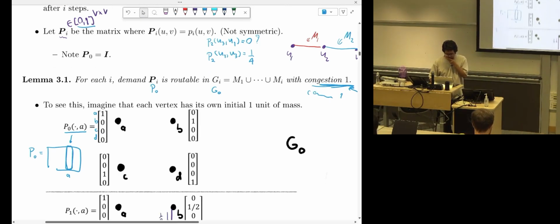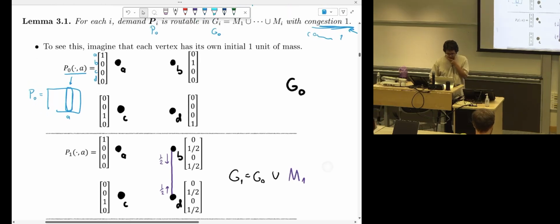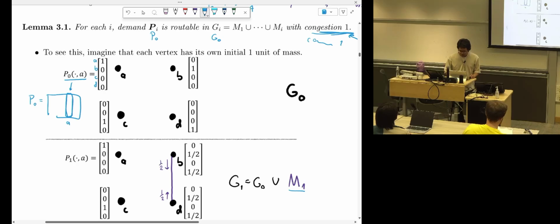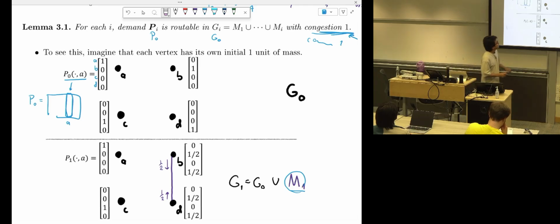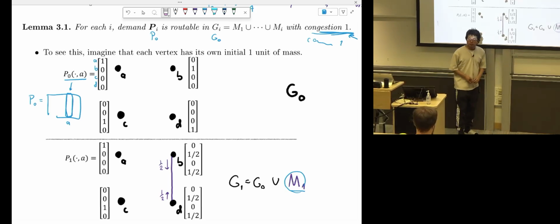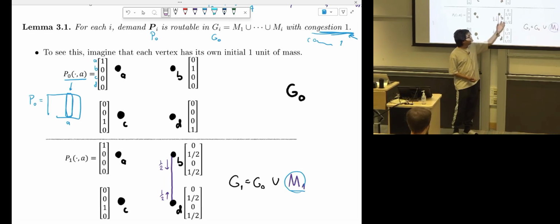So now let's look at round 1. Okay. Suppose that in round 1 there is matching Mi, and let's say matching Mi just contains one edge like this. Okay. Mi contains one edge like this. So what would happen to the probability mass, like the distribution at B and D?